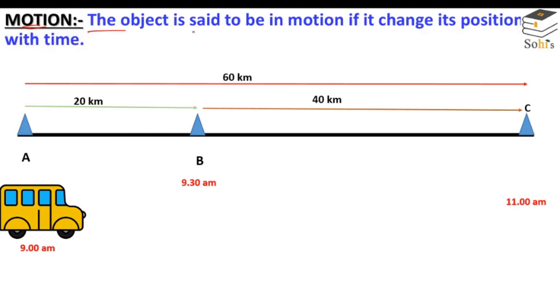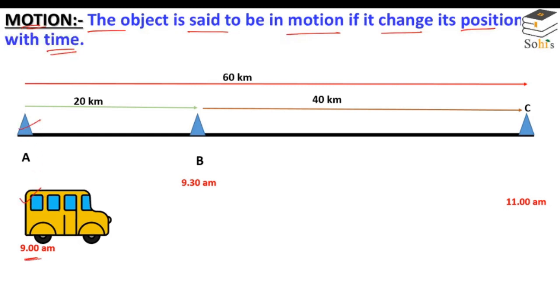An object is said to be in motion if it changes its position with respect to time. If the body is changing its position with respect to time, then we can say the body is in motion. Let us see an example. This is a body at point A, time is 9 am.